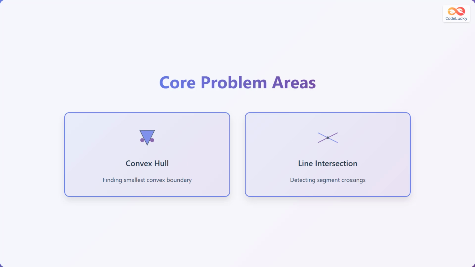Algorithms for finding convex hulls have numerous applications, such as in pattern recognition, image processing, and collision avoidance. Next is line intersection. Given a set of line segments, the problem is to determine whether any pairs of segments intersect. This problem arises in various applications, including computer graphics, geographic information systems, and VLSI design.